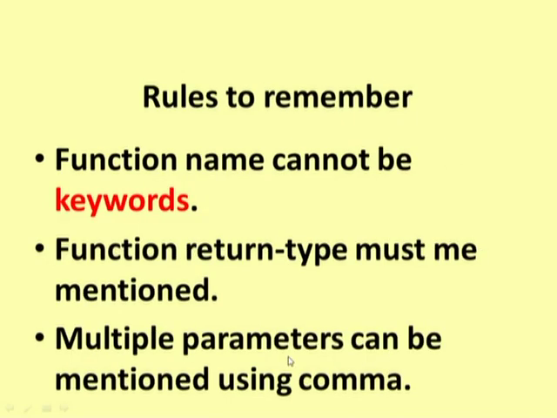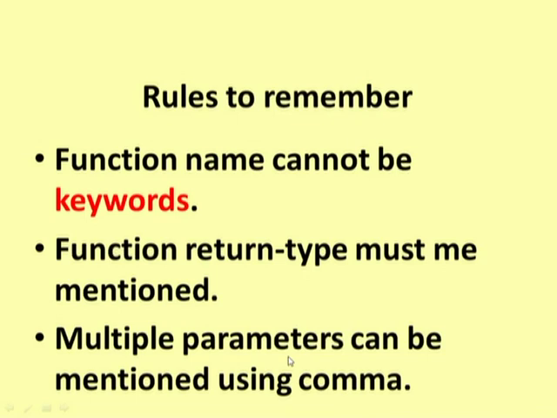Now the rules to remember regarding the function. When we write the name for the function, it cannot be a keyword. I cannot create a function with the name int, or char, or main. Main is also a reserved word. So we cannot use a reserved keyword as the function name.